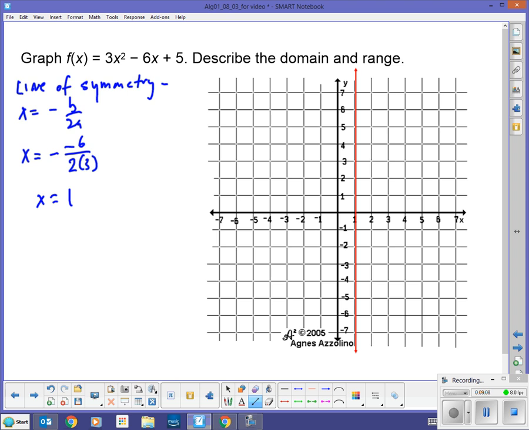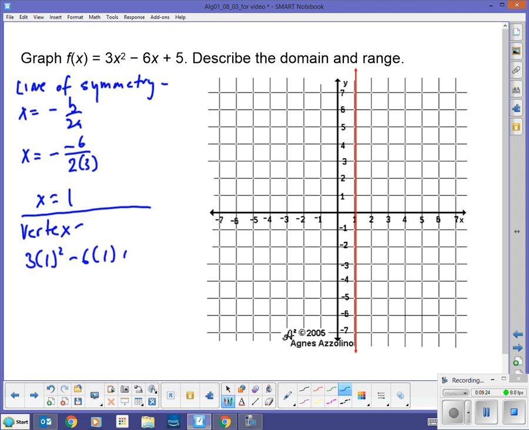Now, we want to find our vertex. So the vertex is 3 times 1 squared minus 6 times 1 plus 5. So 1 squared is just 1, so 3 times 1 is 3, minus 6 times 1 is 6, plus 5.